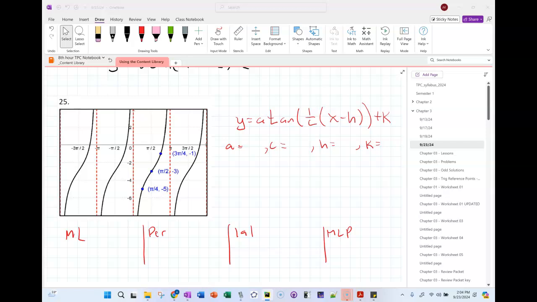For the OneNote, I haven't been able to find it. How'd you find that? Where do you find all the worksheets? Because they're not in their own section. In the content library, you look in chapter 3. So there's chapter 3, worksheet 1.